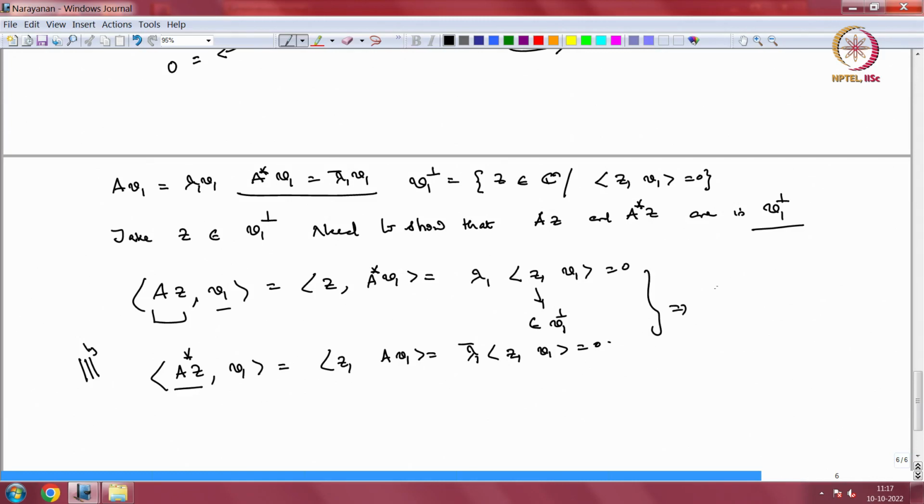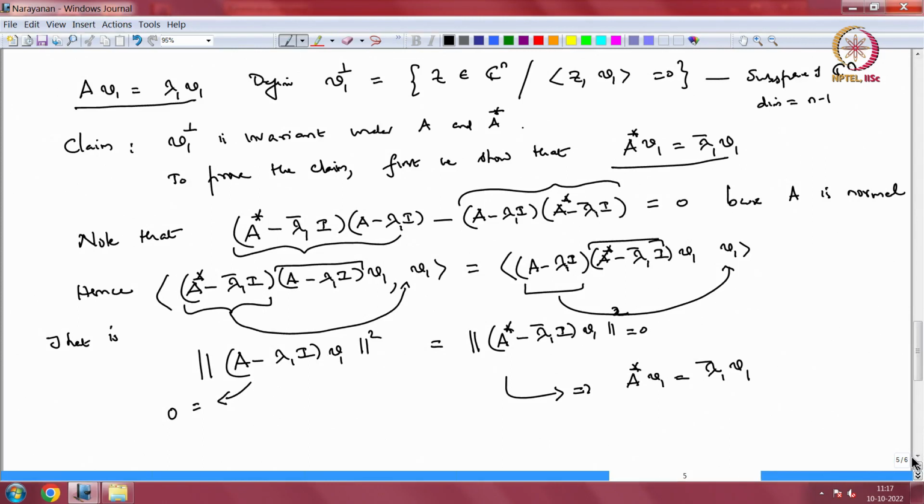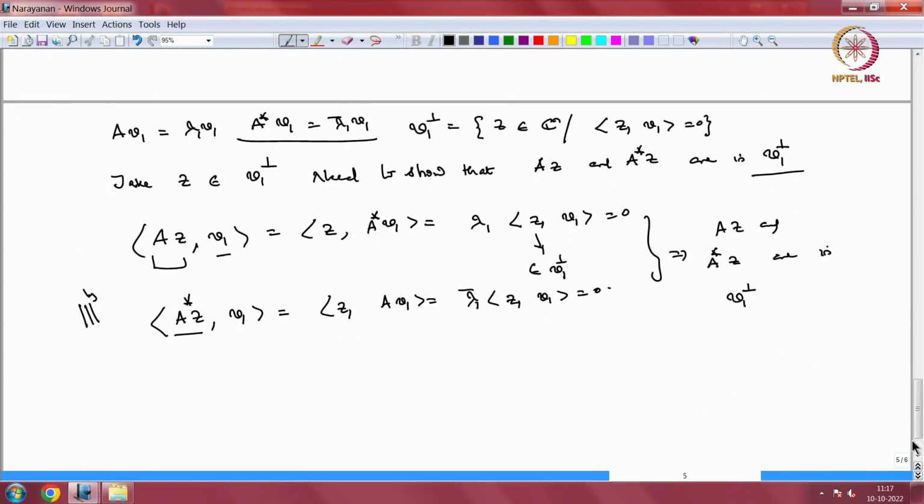So, this implies that both A z and A star Z are in V1 perp. Okay. So, that takes care of the first claim that V1 perp is invariant under both A and A star, right.